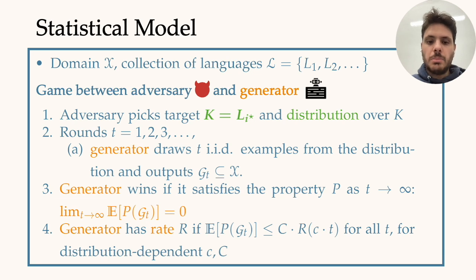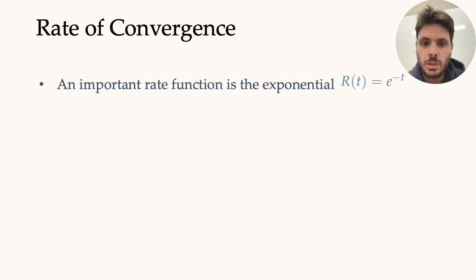If this indeed happens, we say that the generator has rate R if the expected value of P of G sub T is bounded by R of T, appropriately reweighted by these distribution-dependent constants capital C and little c. This rate of convergence will be an important object for the rest of the talk, so let me elaborate a bit more on that by considering the example of the exponential rate function.